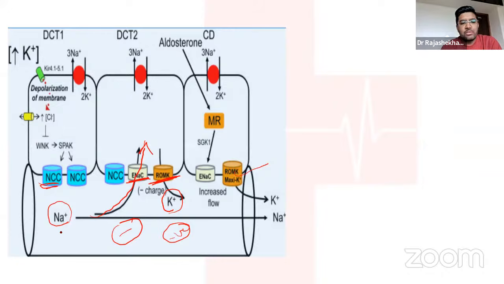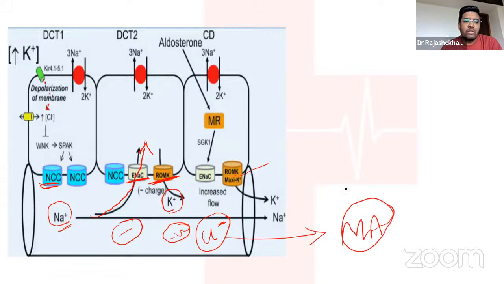For example, if sodium is normal whereas chloride is increased in the lumen, net negativity again increases, which makes potassium secrete. So any amount of high chloride in the urine is also going to cause hypokalemia. This is the mechanism by which metabolic alkalosis causes hypokalemia.